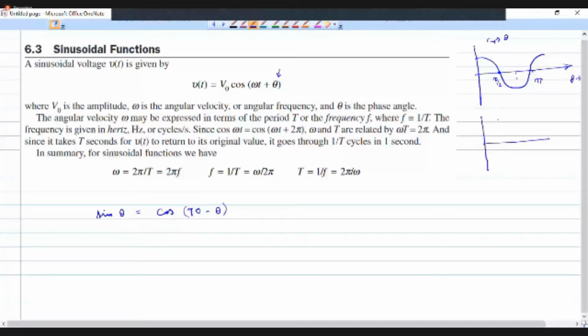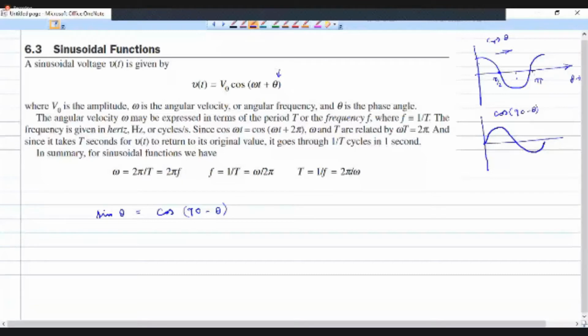Now if I shift this voltage to the right side by 90 degrees, what we get is the sine wave. Are you following? I shift this by an angle pi by 2, and I will get this. So I'm shifting this signal towards the right side by an angle of 90 degrees.